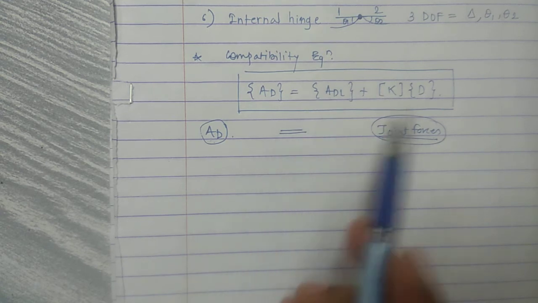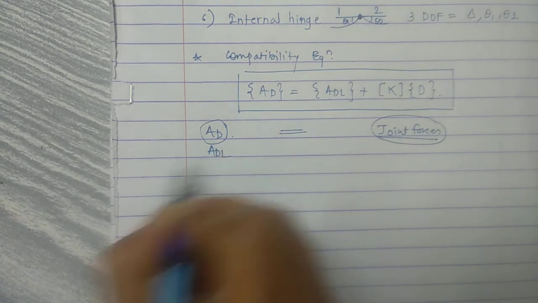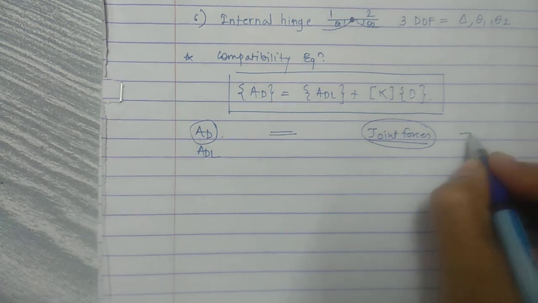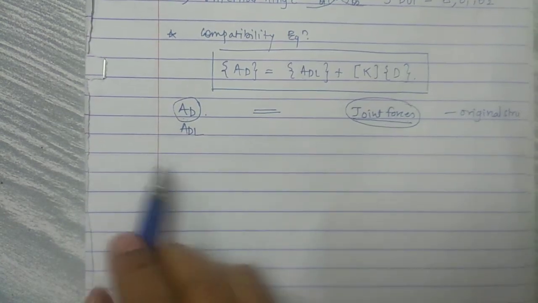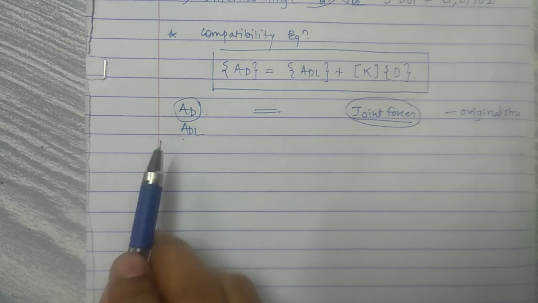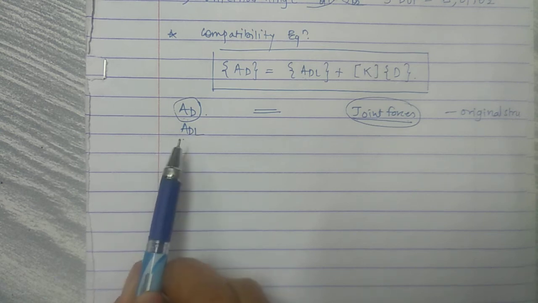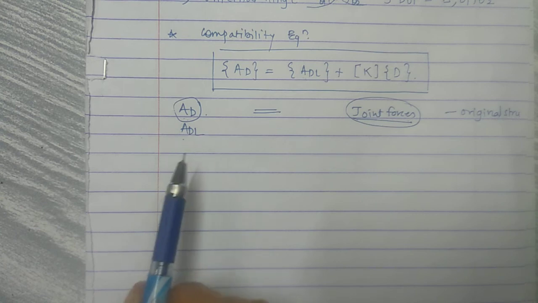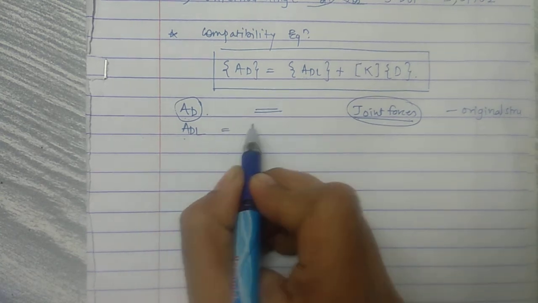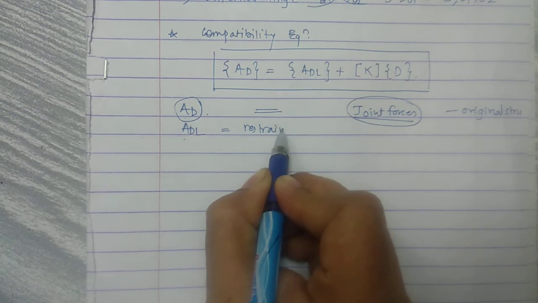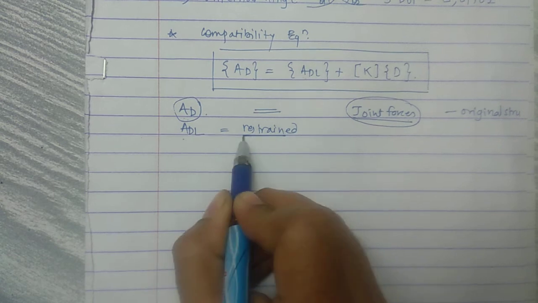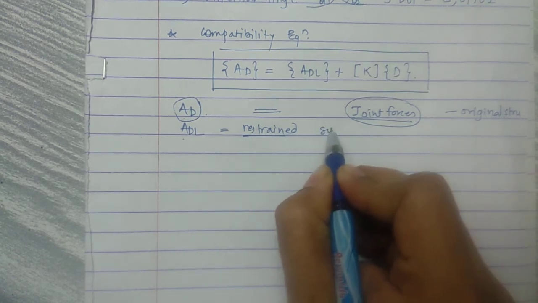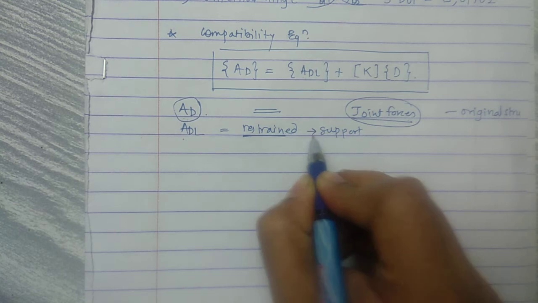Now the next term is ADL. The first one, AD, corresponds to the original structure problem, the original figure. The second term, ADL, is the action corresponding to unknown displacement in the restrained structure, that means when supports are fixed.